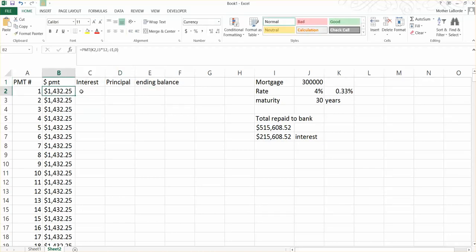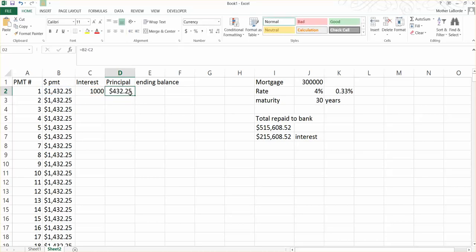For the first month, the amount that's interest is just my starting balance on the loan, the 300,000, times the monthly rate. So I paid the bank $1,432. 1,000 of that is interest. The rest is principal, so 1,432 minus this 1,000.